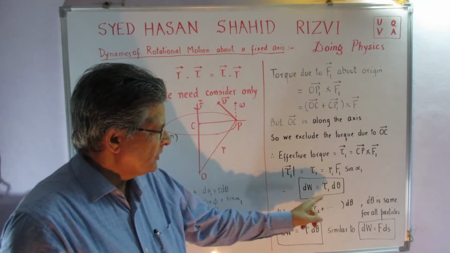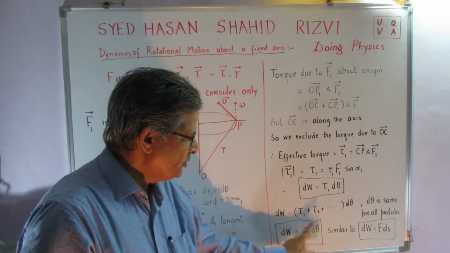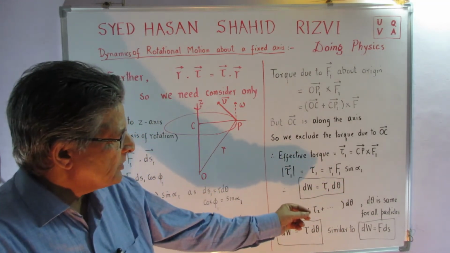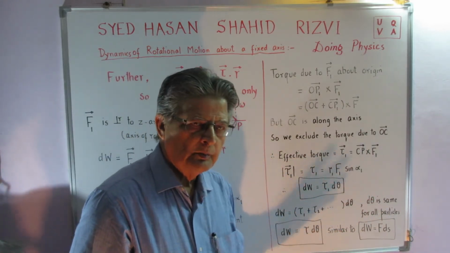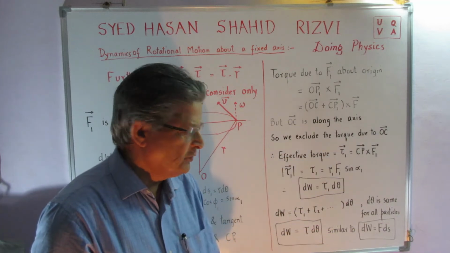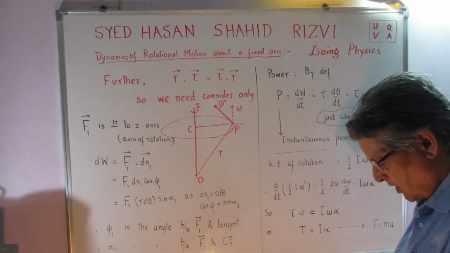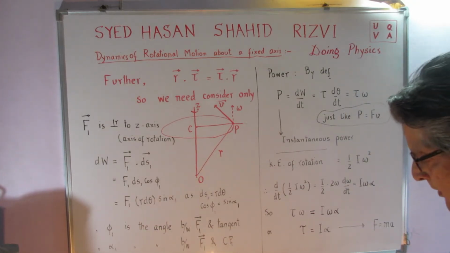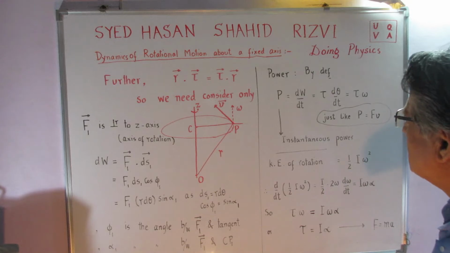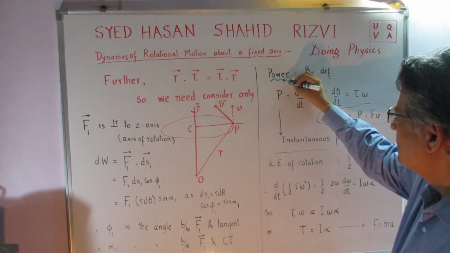So dW becomes the sum of these, which is tau into d theta, which is similar to the work done being force into the displacement in the direction of the force. So picking up from work done, we define the corresponding power.